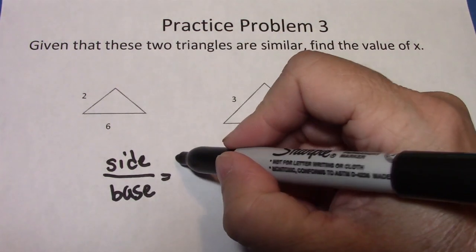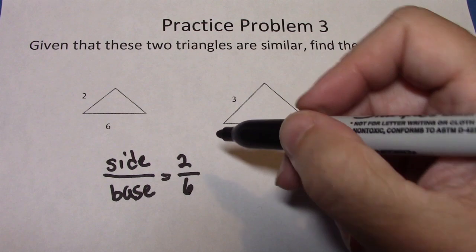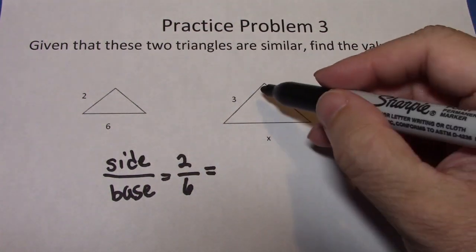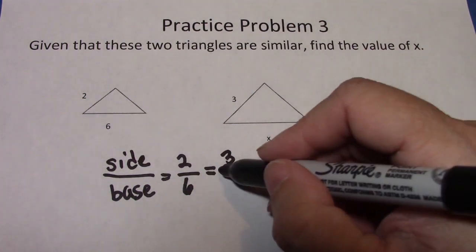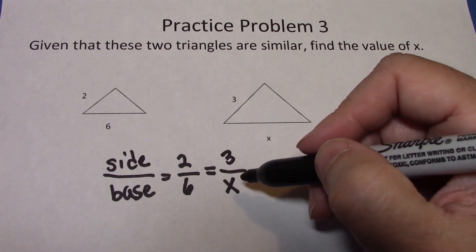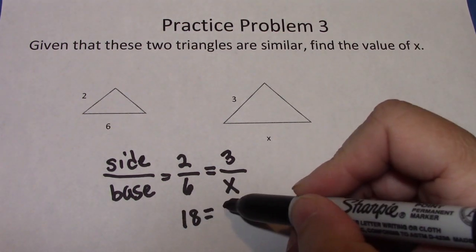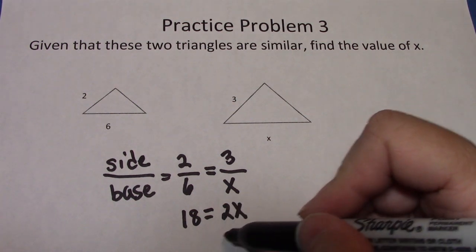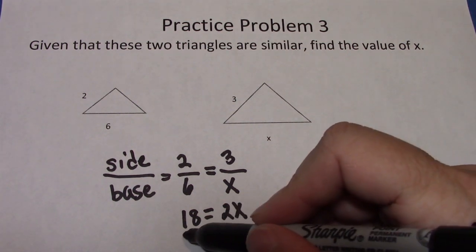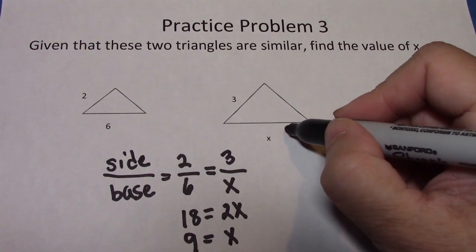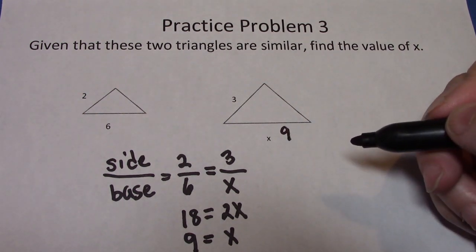In this triangle that's 2 and 6, and here that's 3, and the base is what we don't know. So we can cross multiply. 18 equals 2x. Divide both sides by 2, and x equals 9. So this base is 9.